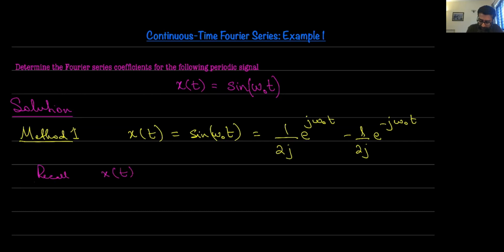If you recall, the Fourier series expansion is x of t equals the sum over k going from minus infinity to plus infinity of ak e raised to power j k omega naught t. And if I compare this expression with what I have over here, I can immediately see that all of the Fourier series coefficients are 0, except those corresponding to k equals plus 1 here and k equals minus 1 here, right?